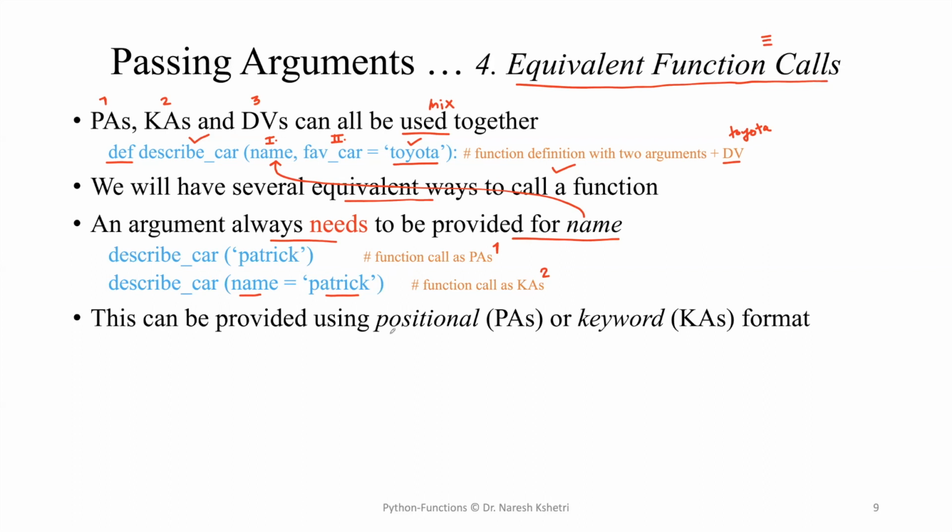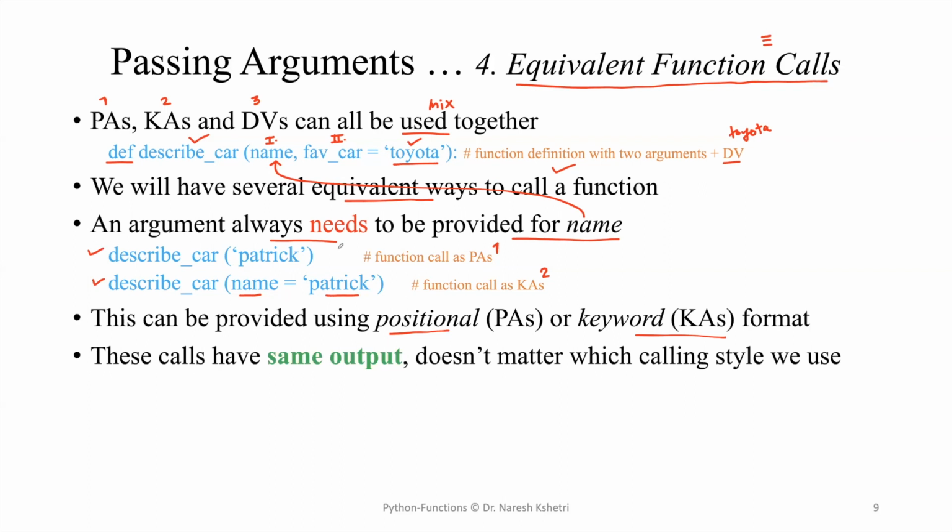The first one is positional, as you see, and the other is the keyword arguments format. We normally say there are two formats, where we use either this format for keyword arguments or this format for positional arguments. So these calls normally have the same output. It doesn't matter which calling style we use.